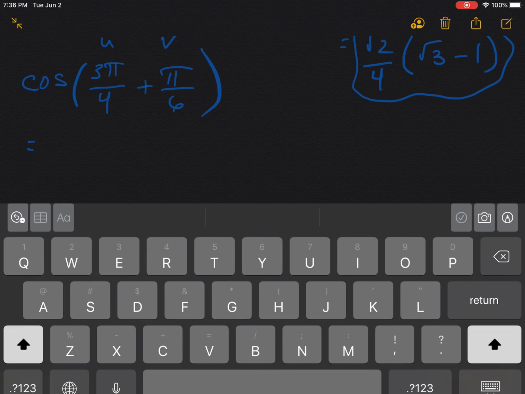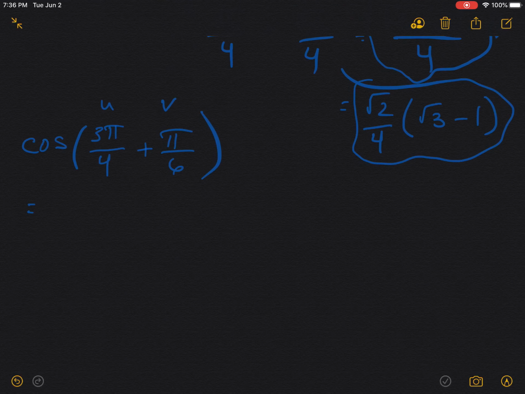I'm going to go ahead and just evaluate it. Okay, so cosine u is negative square root of 2 over 2 times cosine v, which is square root of 3 over 2, minus sine of u, so square root of 2 over 2, times sine of v, which is 1/2, right?